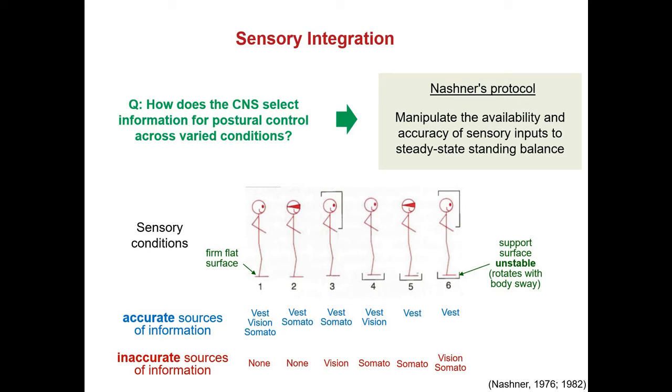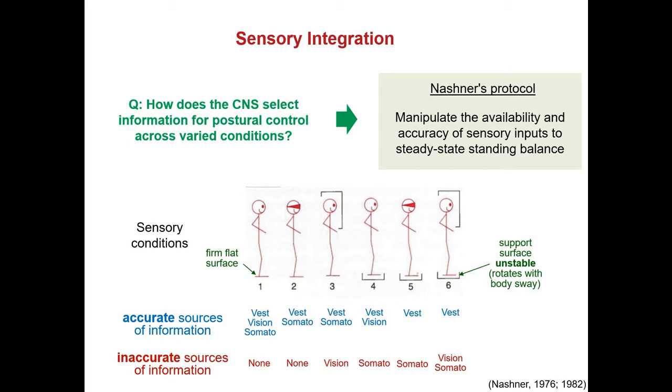We can also interpret these conditions in terms of whether or not the information from a particular perceptual system is inaccurate. In condition 3, we have inaccurate visual information. With our eyes open inside the box, vision is telling us that we are maintaining a stable distance from the surface that's in front of us. But this information is telling us nothing useful about how we're moving relative to the surrounding environment beyond the box.